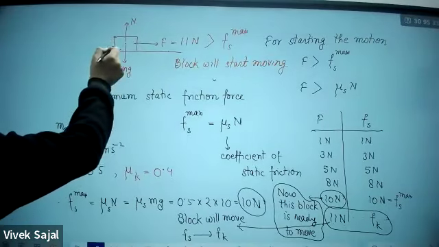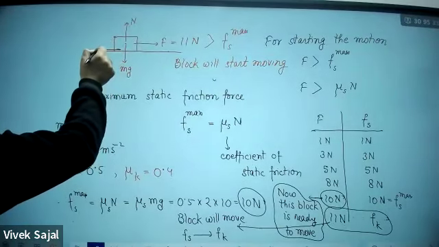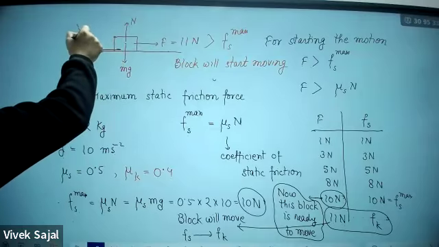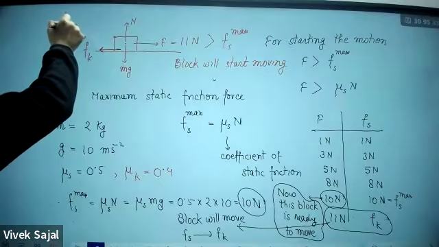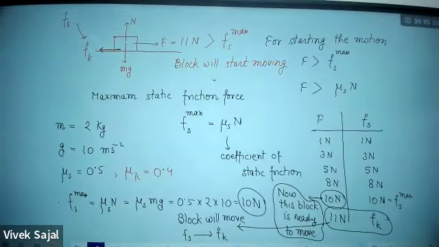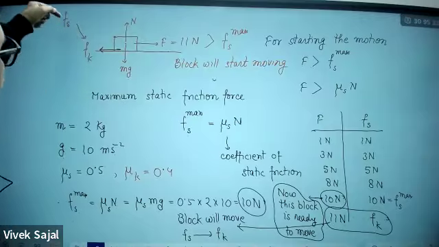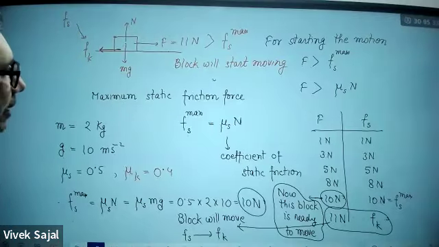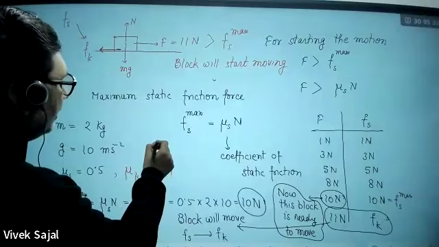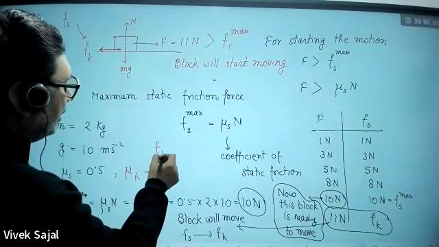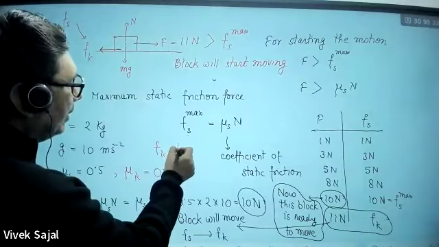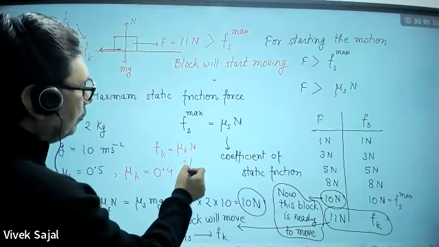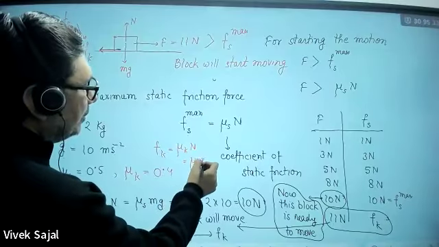Because now the block is moving, this force will now be kinetic force. So it is converted from Fs to Fk. When the block starts moving, this static friction force will convert into Fk. What will be the value of Fk? Fk will be mu k into N, which is equal to mu k into mg.